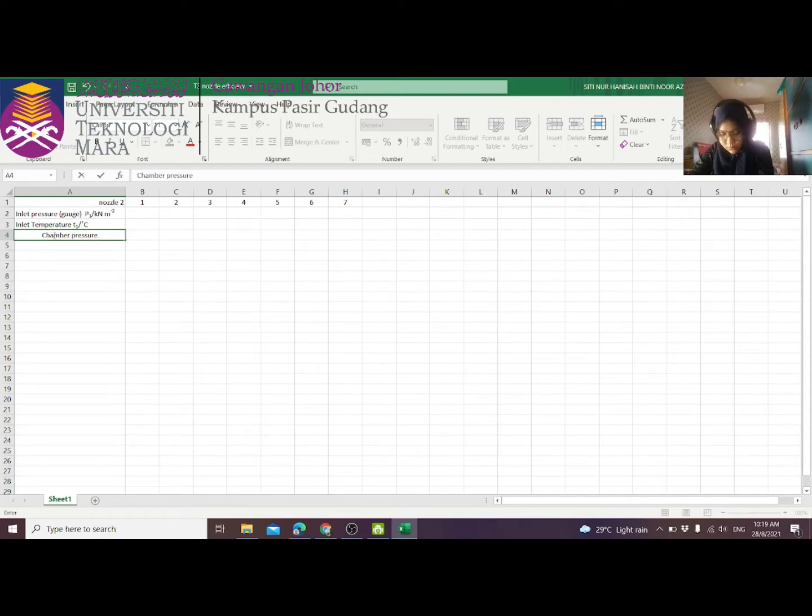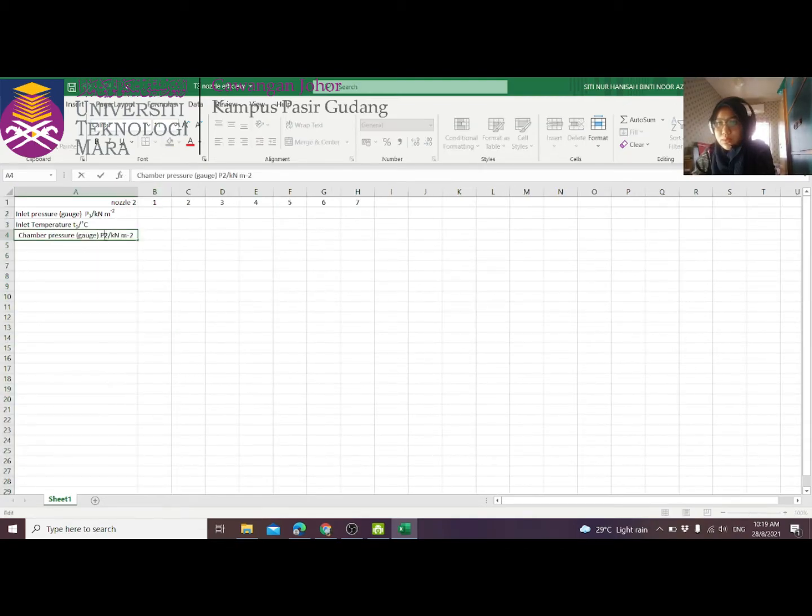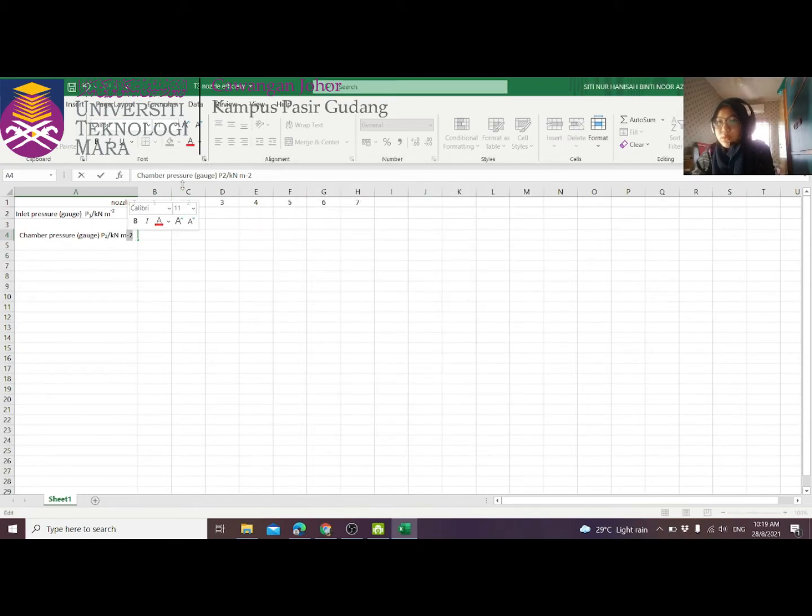Temperature. Gauge, B2 over kN, negative 2. So this one subscript. This one is superscript.